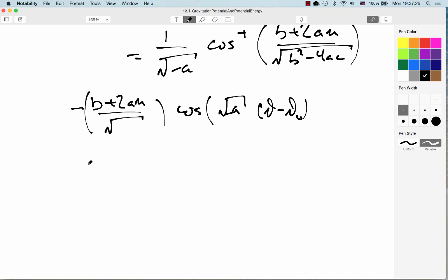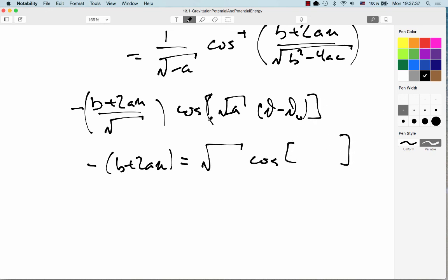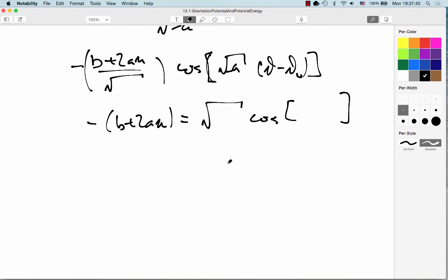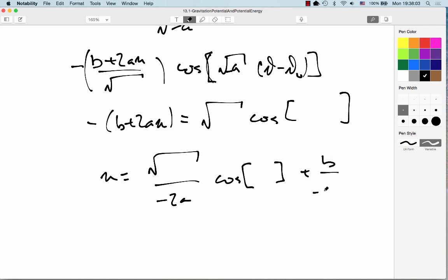And that will give me minus b plus 2au equals the root times the cosine. Eventually we'll isolate u. u will equal the square root over minus 2a times the cosine plus b over minus 2a.